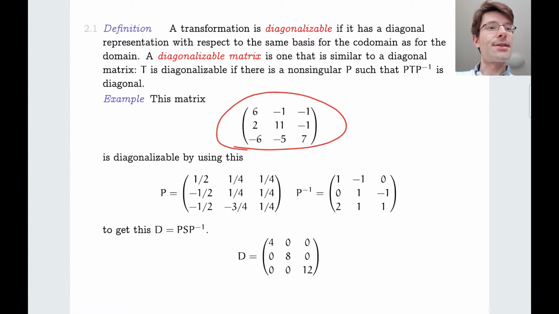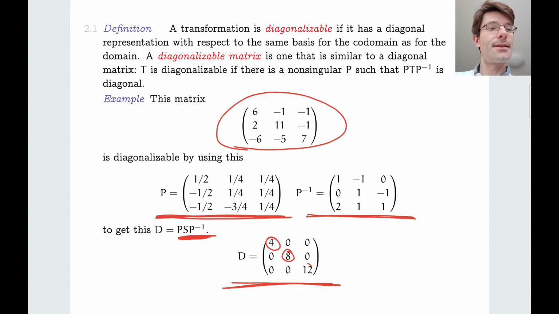So this matrix is diagonalizable because if you take this non-singular matrix, which has this inverse, then multiplying these three matrices gives us a diagonal matrix. A diagonal matrix has some diagonal elements, like those that I'm indicating, and all other elements are zero.